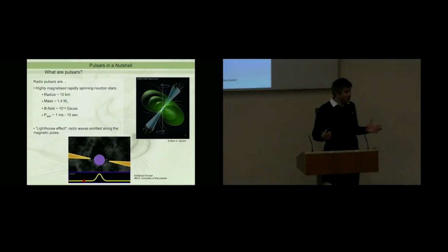So what are pulsars? Pulsars are these very tiny stars. We're talking about objects something like 10 kilometers in radius, so sort of like central London type of size. But they're a very dense object due to the fact that they contain a lot of matter. So in a typical pulsar, you would find about 1.5 times the entire mass of the sun, all scrunched into that tiny ball the size of London.